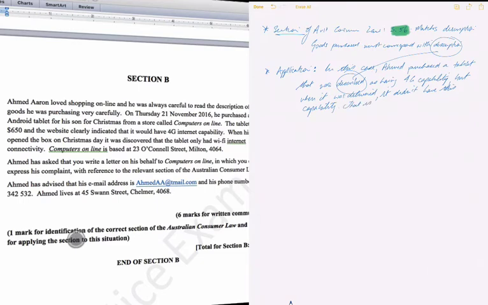That is, the tablet did not correspond with description.